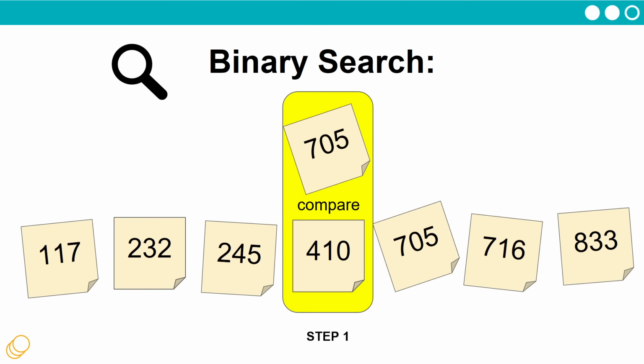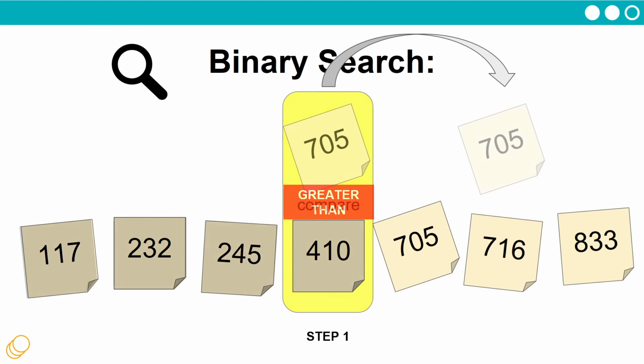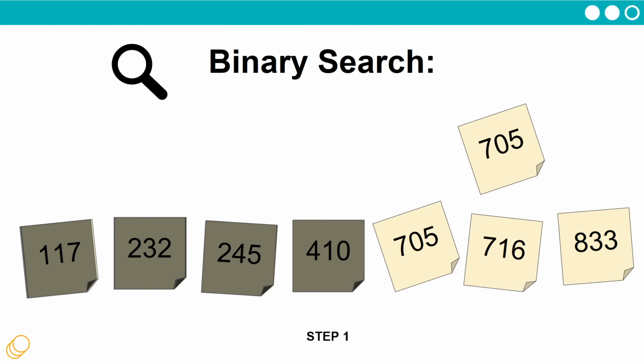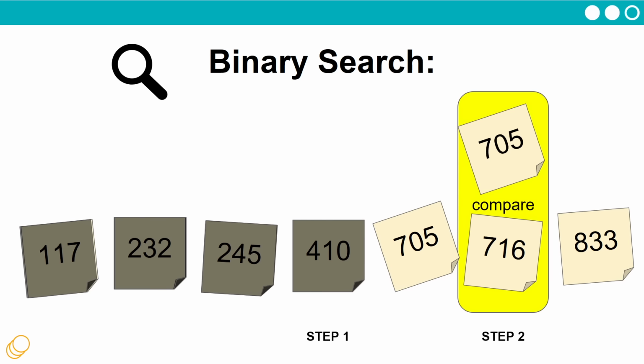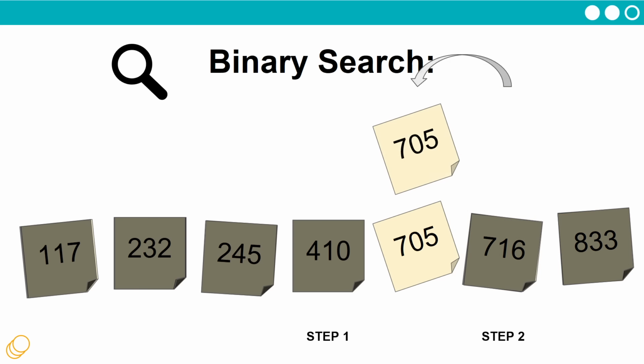And I'm looking for a number that's bigger. So therefore, I can ignore that. And I've already now divided my list in two. Now I can do it again over this side. So I, again, search the middle. And I realize, okay, I don't need to look to the right because the number I'm looking for is smaller than the number I'm comparing to. So I can look over here. And then I find my result.